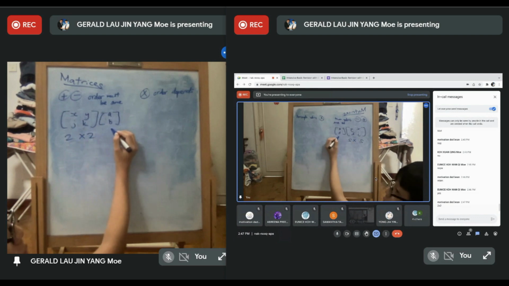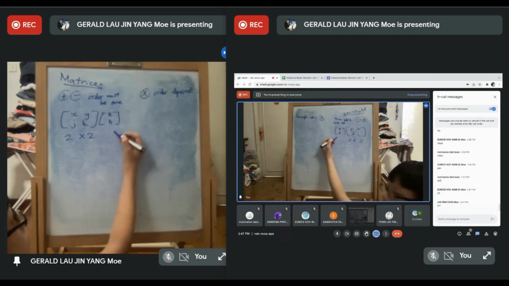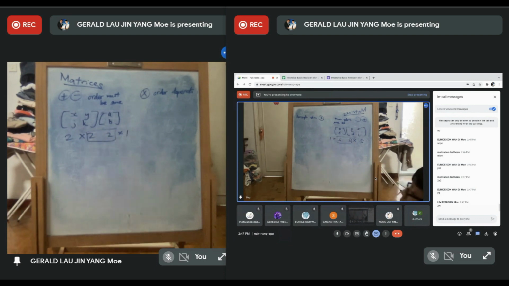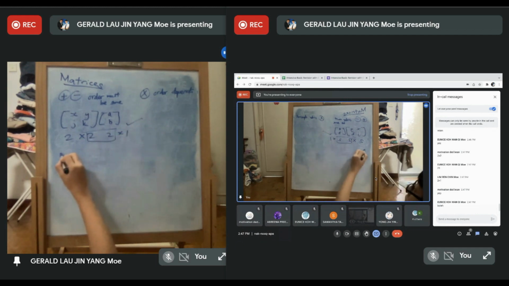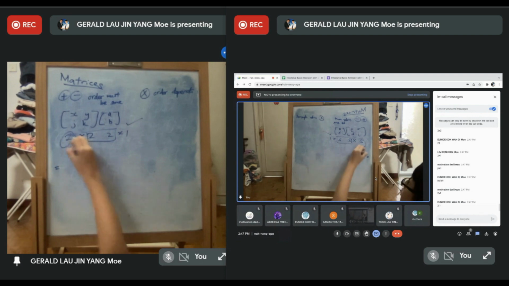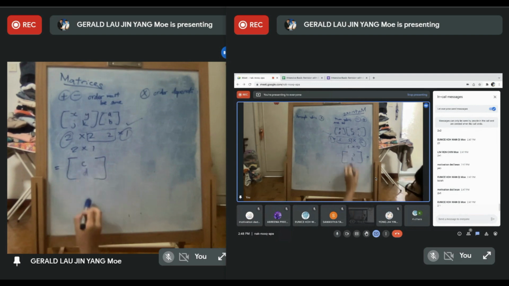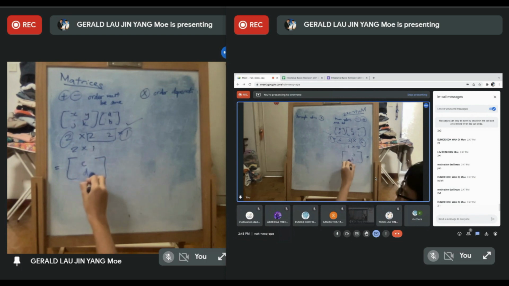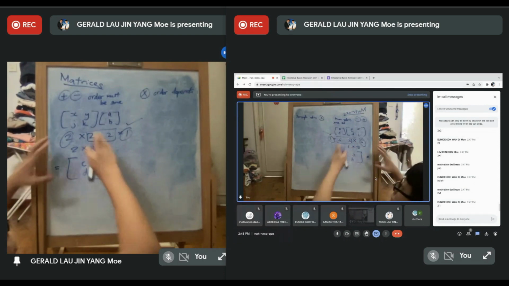This one? 2 times 1. Can multiply? Can. Your answer, what is the order of your answer? 2 times 1. Good. So your answer matrix will have 2 rows and 1 column, C, D. Understand? You must get this. If you don't get your answer in this form, something is wrong already. You calculated wrongly. Okay? Can or not?